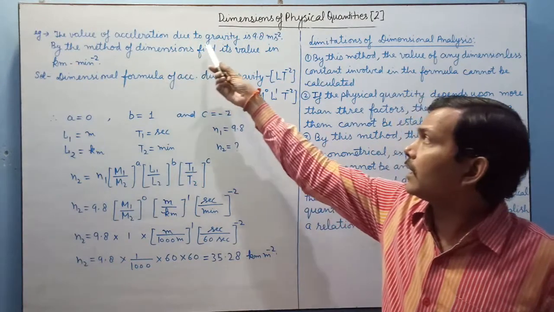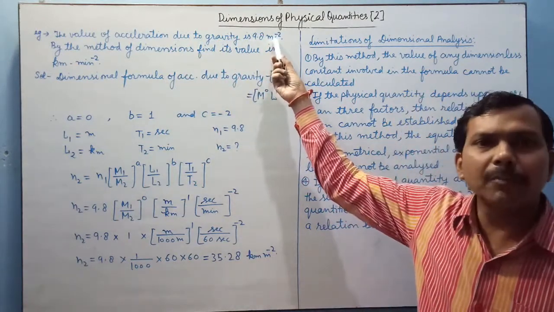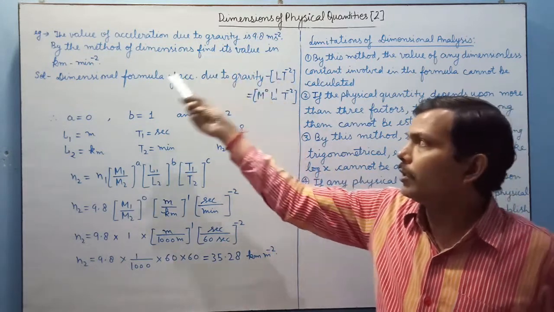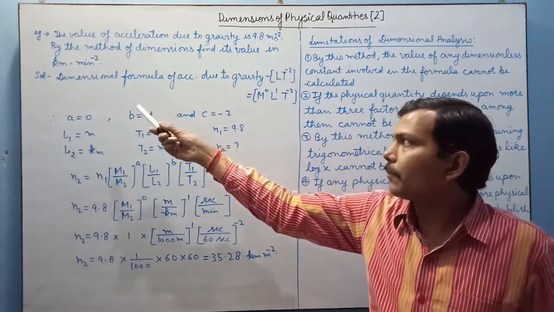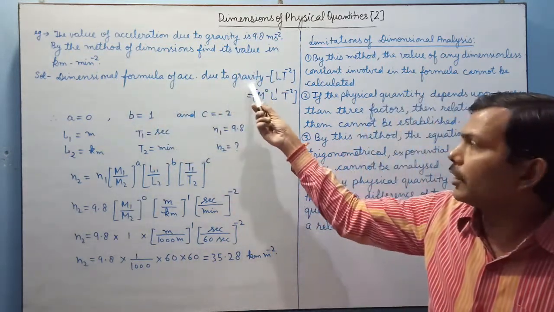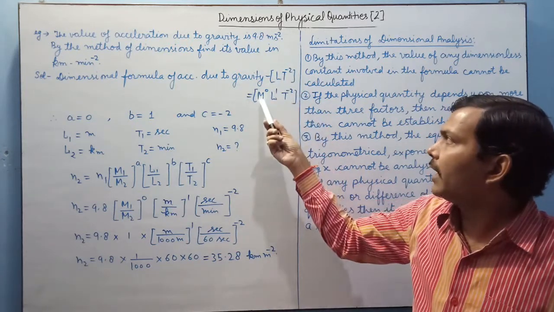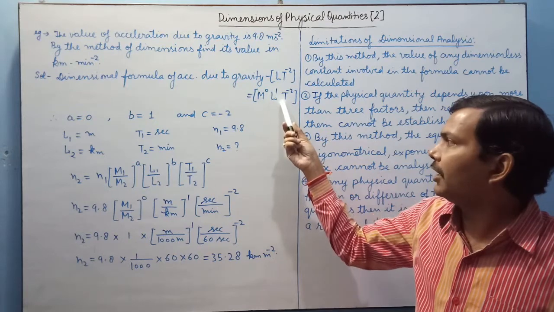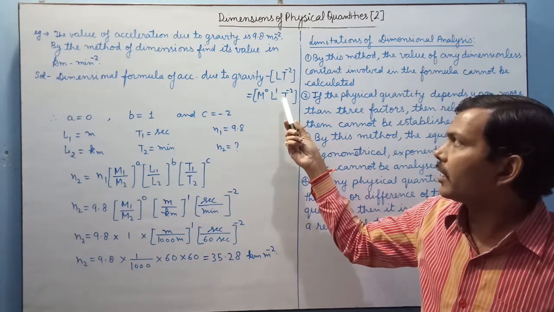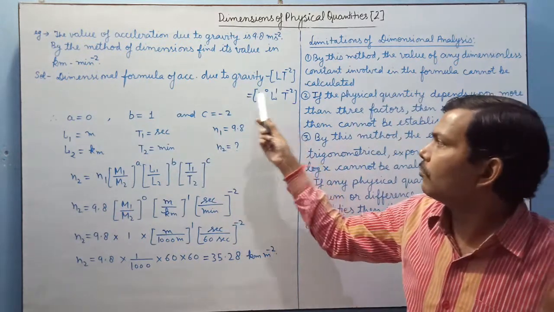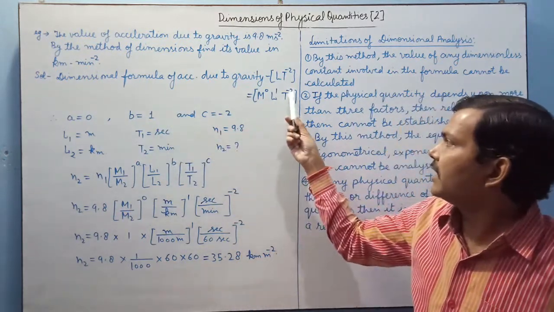The value of acceleration due to gravity is 9.8 meter per second square. By the method of dimensions, find its value in kilometer per minute square. Dimensional formula of acceleration due to gravity is L t^-2. We can write it as M^0 L^1 T^-2. Here a is 0, b is 1 and c is -2.